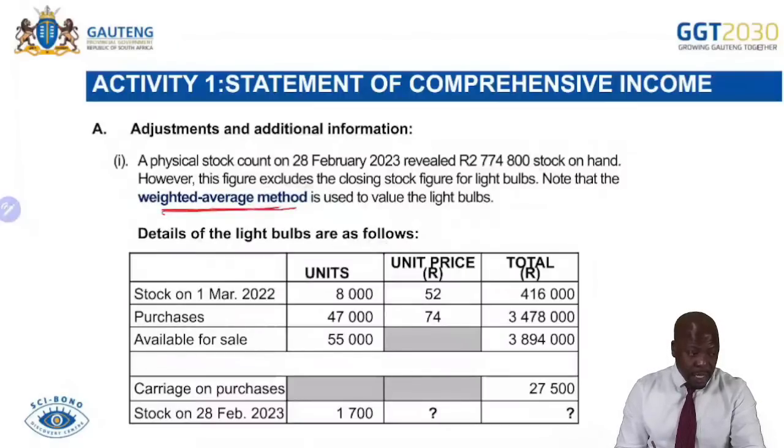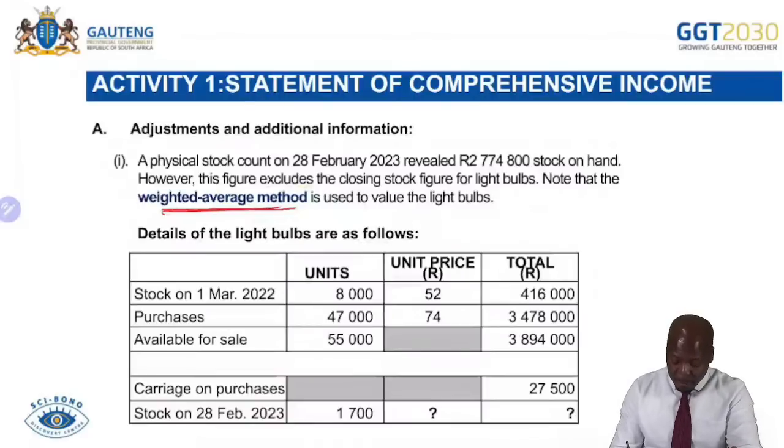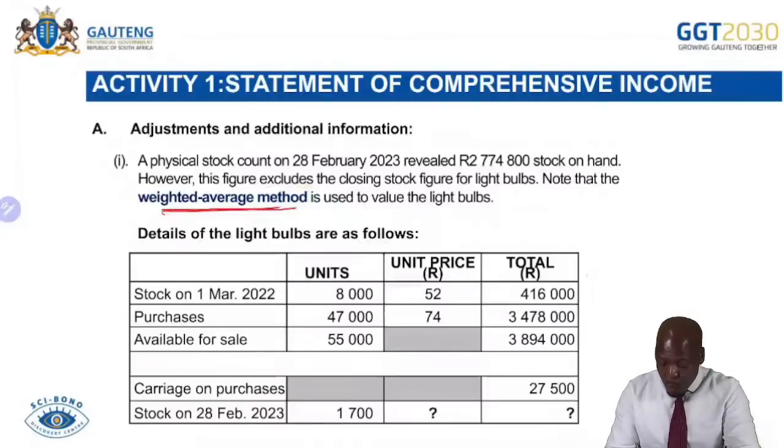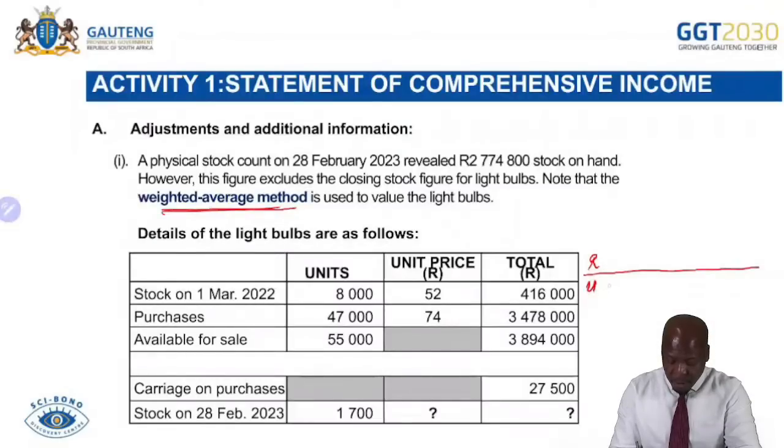When we use the weighted average method, it is very important to know your formula. So I would have a line here, and then I would have my rands over my units. And in this question, it has been made very easy because I am given the goods available for sale, which is my 3,894,000.